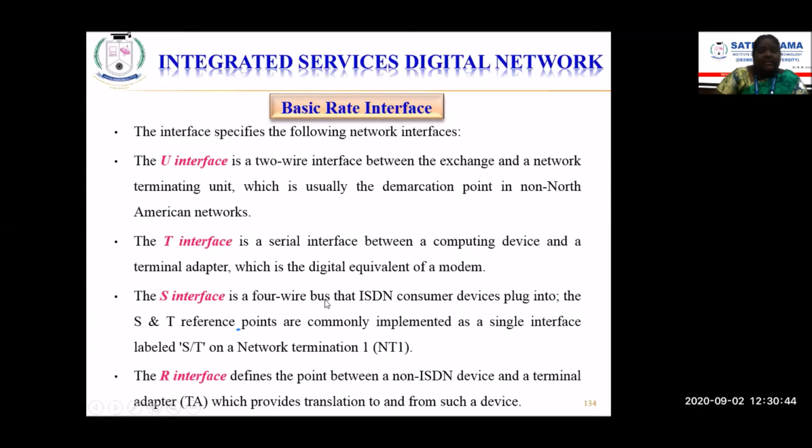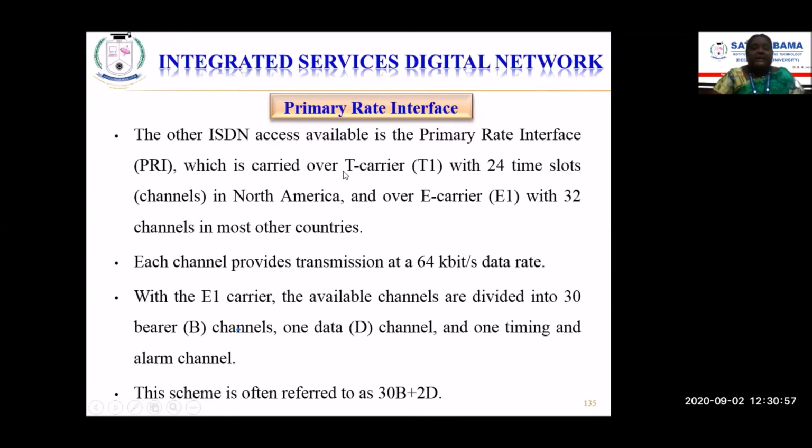Different standards are there, so I'm not going to talk much here. This is the general information: the network termination, how you have to terminate via the modem, and everything is given here. Coming to the primary rate interface, the T1 will be a carrier and E1 will be another carrier making use of different channels.